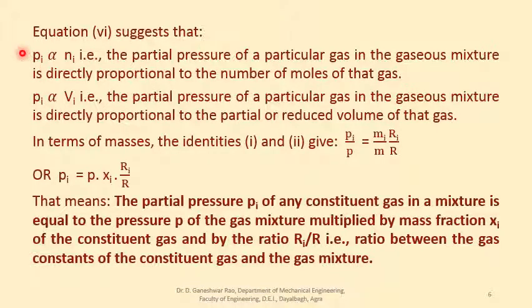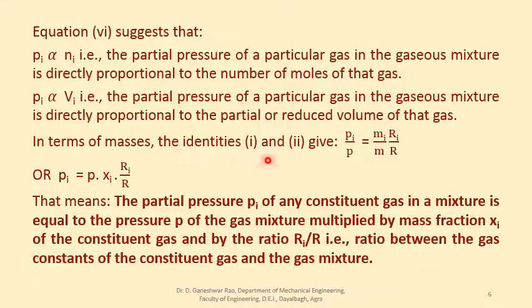Now the last equation suggests that Pi is proportional to ni, that is, the partial pressure of a particular gas in a gaseous mixture is directly proportional to the number of moles. Another relation says that Pi is proportional to Vi, that is, the partial pressure of a particular gas in a gaseous mixture is directly proportional to the partial or reduced volume of that gas.